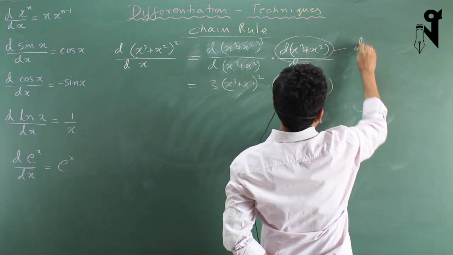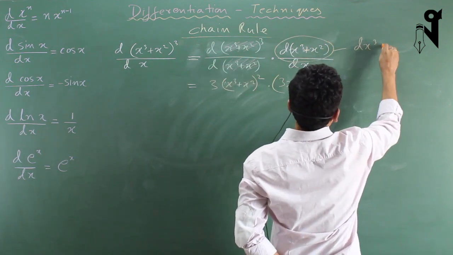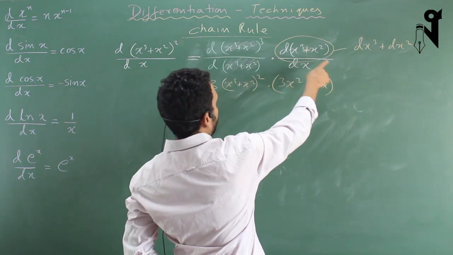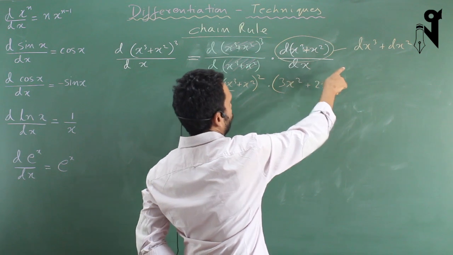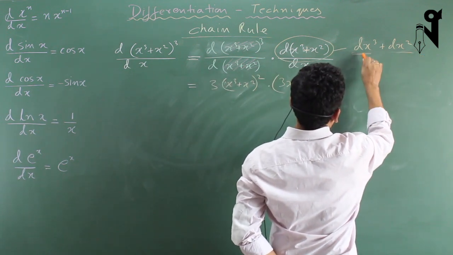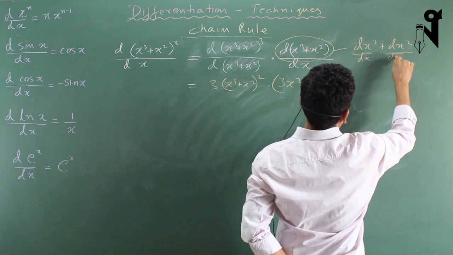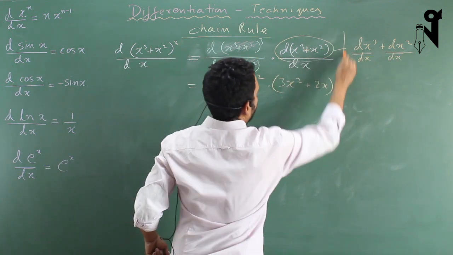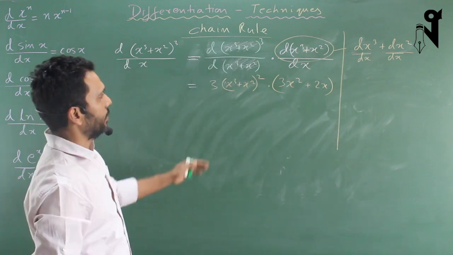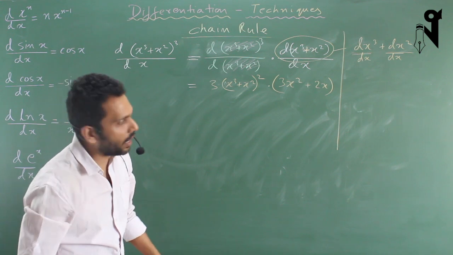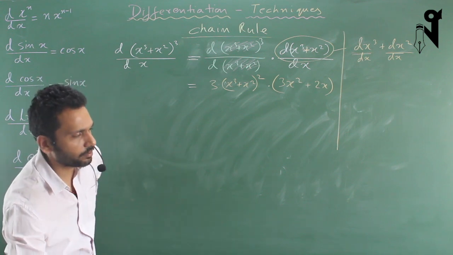You read this like dx cube plus dx square. The differentiation has been distributed on the 2 with respect to dx. Is this clear? That's the answer, and then you can represent it in a prettier form by taking common factors and so on. Is that clear?